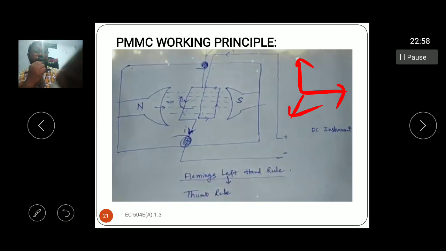The magnetic field is radial to the coil, radial to the magnet. Due to the rotation of this coil, we have to understand the thumb rule.